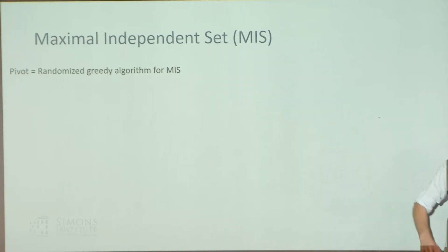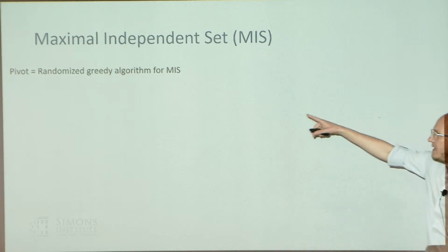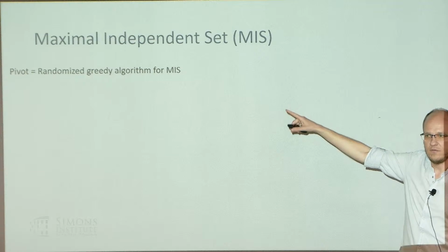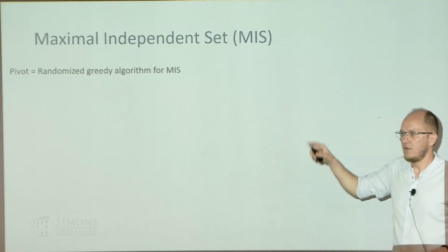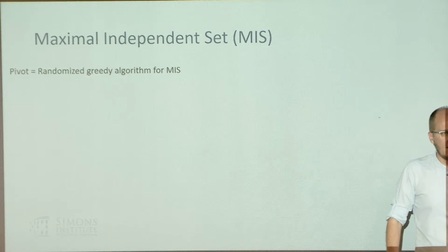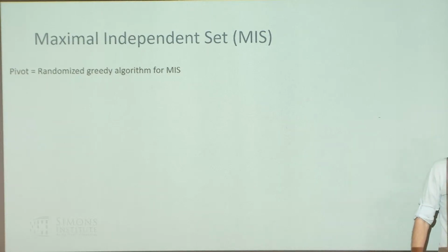So, maximal independent set. The pivot algorithm you've seen is exactly the same as the randomized greedy algorithm for MIS. Those two are identical algorithms. And when we said that we label a vertex to be pivot, in this randomized greedy MIS it corresponds to saying that the vertex is in MIS.